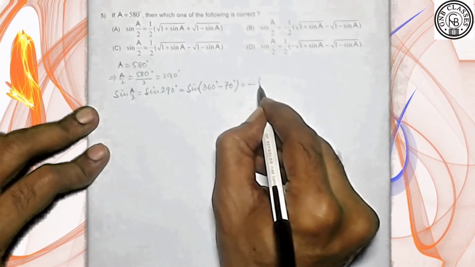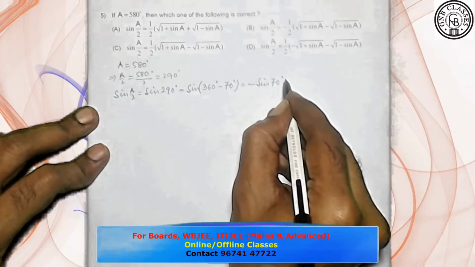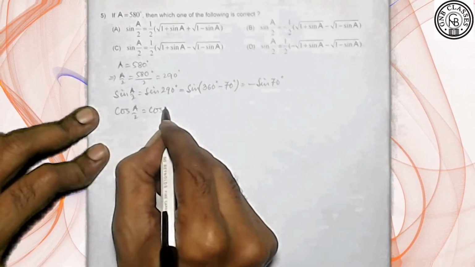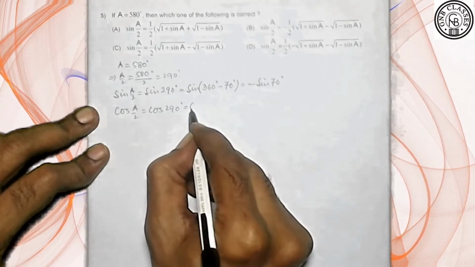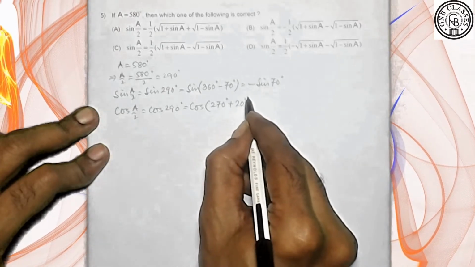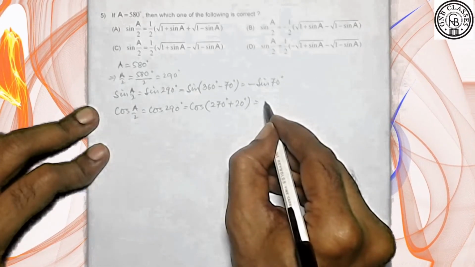That gives us minus sine 70, right? And cos A by 2 is cos 290, that is cos of 270 plus 20. That gives us sine 20 degrees, right?